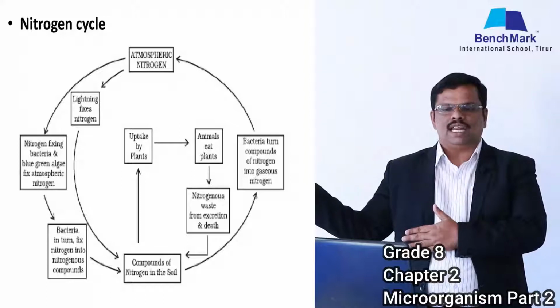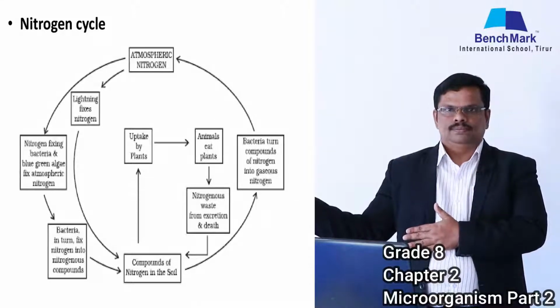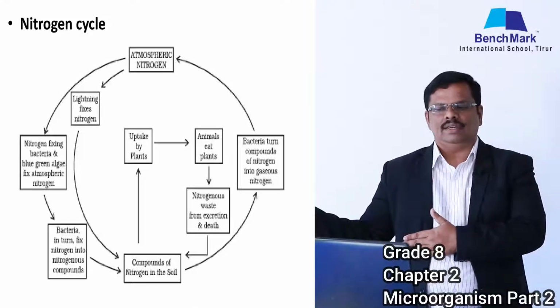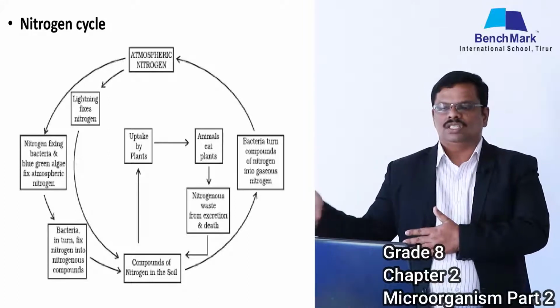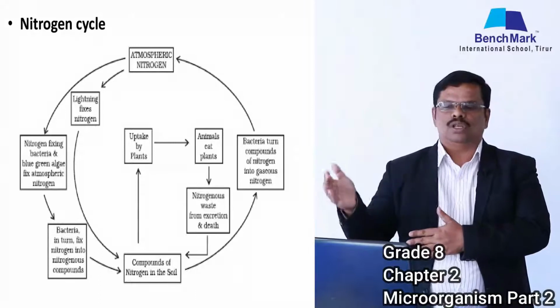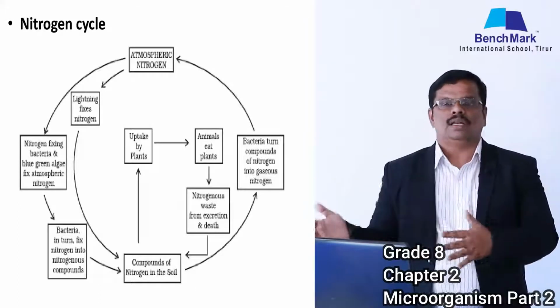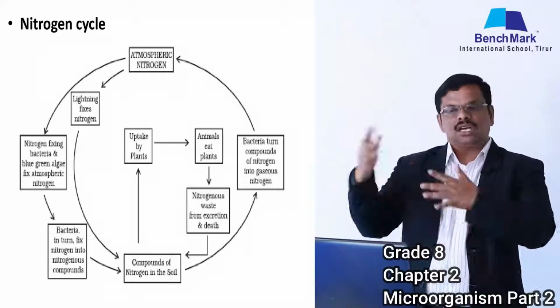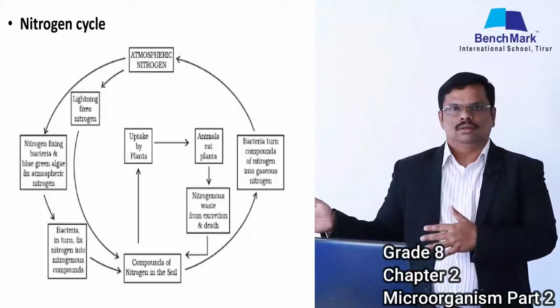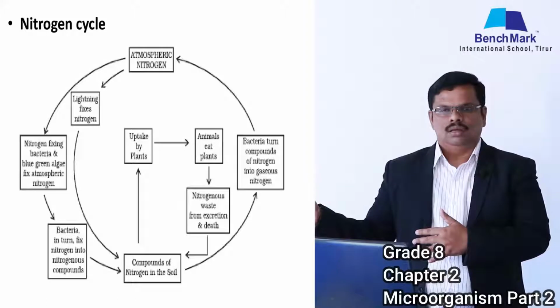This diagram is in your textbook. How the nitrogen is being circulated. See that? The bacteria turn the gaseous nitrogen, and it again comes to the soil and is taken up by the plants, and eaten by animals and all. So it's circulating. Right?